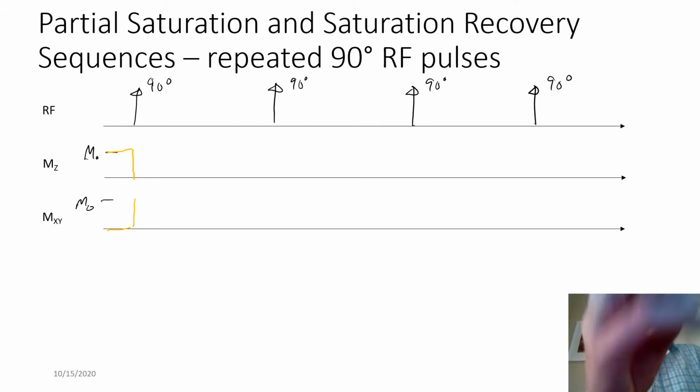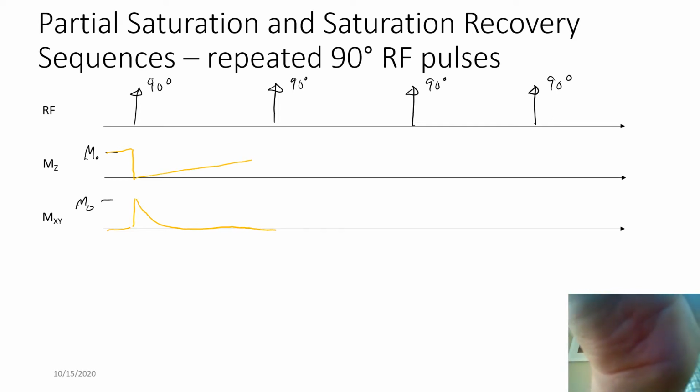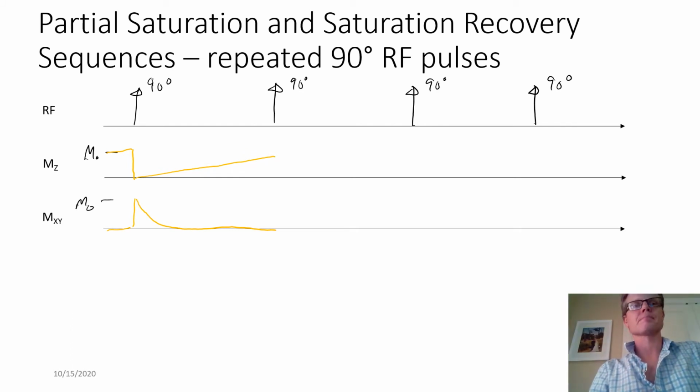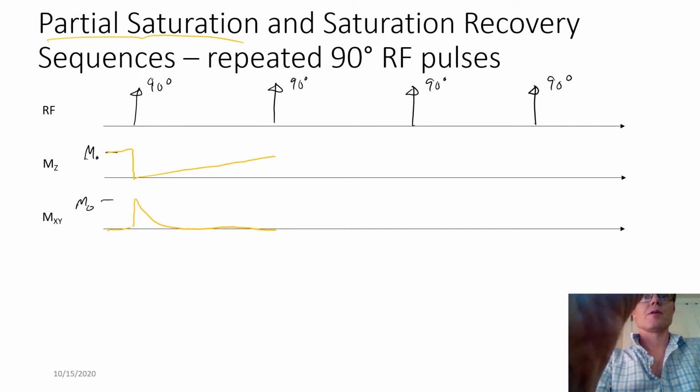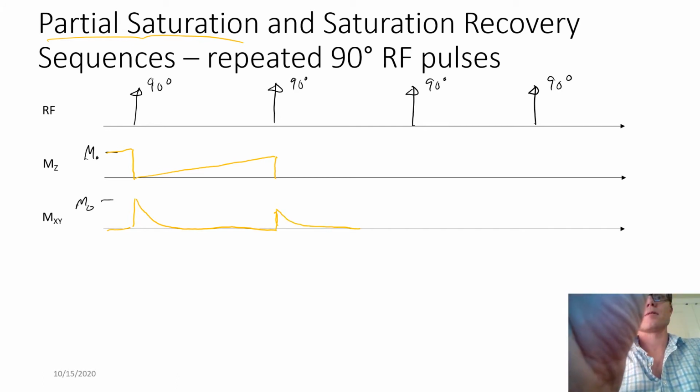And then we'll see T2 decay, and we'll see T1 recovery. And so now we're back, and as I've drawn it, this would be partial saturation. And we do another 90-degree pulse, convert this Z magnetization to transverse magnetization, T2 decay, and the same T1 recovery.